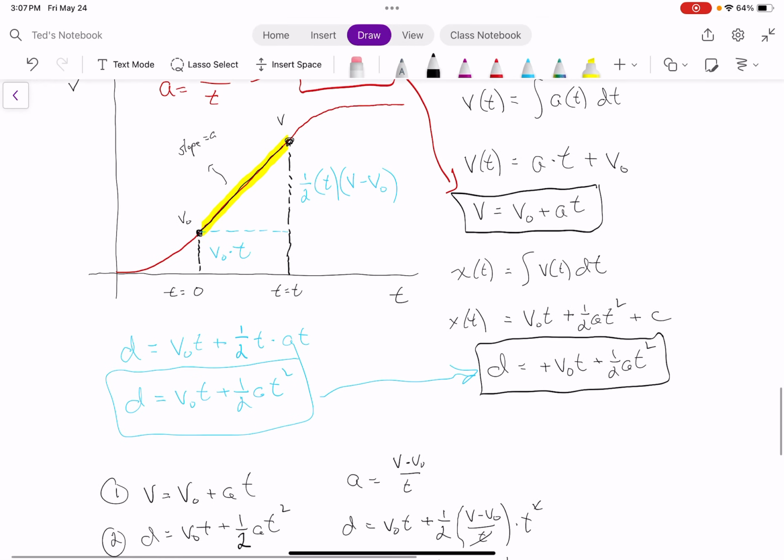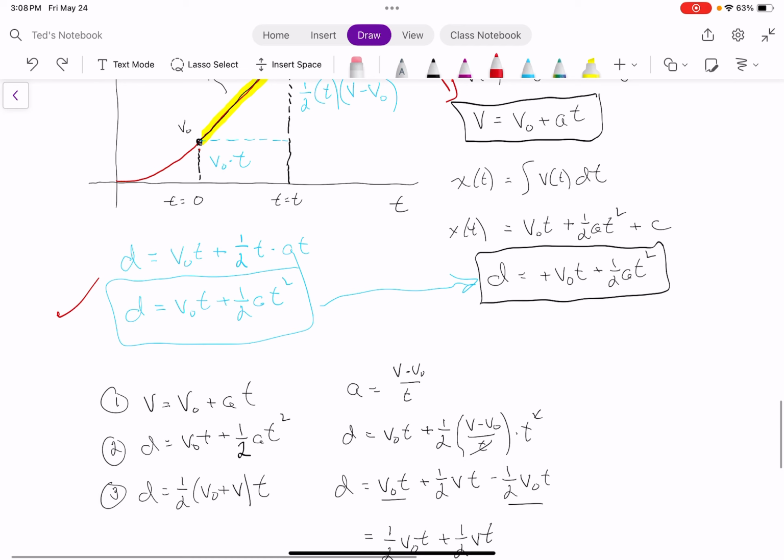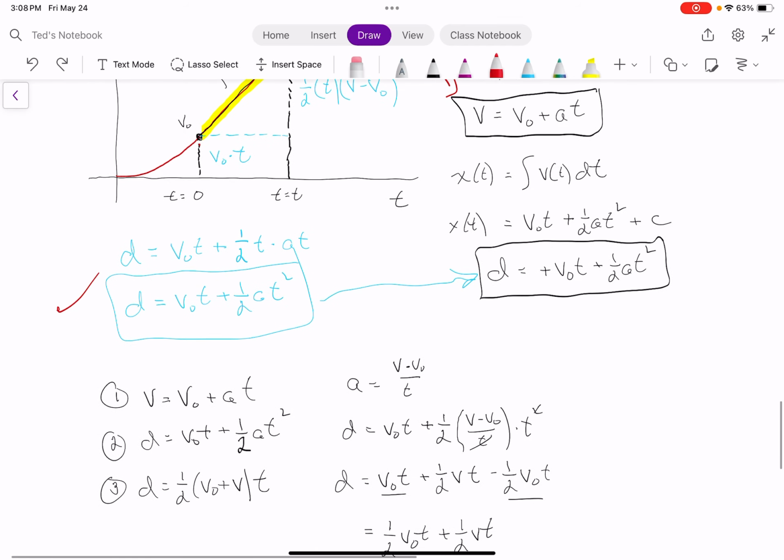And we got that graphically, sort of by accident, but I also want to show you what that means graphically. Whereas the second equation is a rectangle plus a triangle, this rectangle here plus this triangle here, equation 3 is actually the equation for a rectangle with a height that's equal to the average velocity and a base that's equal to the time.